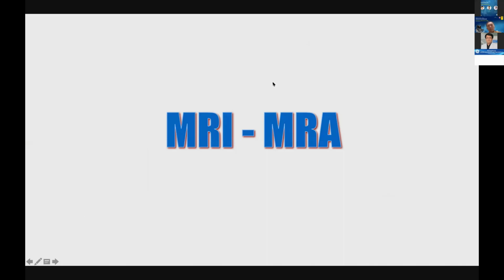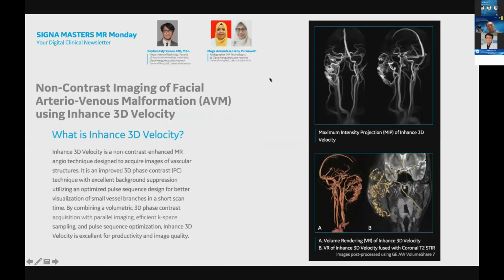MRI and MRA, like Dr. Rehan mentioned, can be used without contrast administration. So this is the AVM in the head, in the cheek maybe, the right. So we can see the nidus, you can see the feeding artery, and you can also see the draining vein into the internal jugular vein.